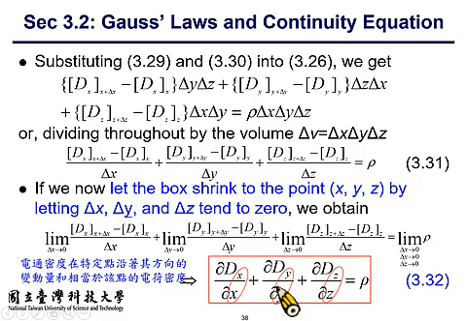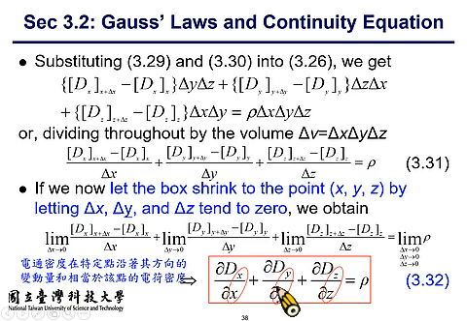this point has a charge density rho, then the three quantities on the left of equation 3.32, the difference of dx to its right and left, the difference of dy in the y direction, and the difference of dz in the z direction.